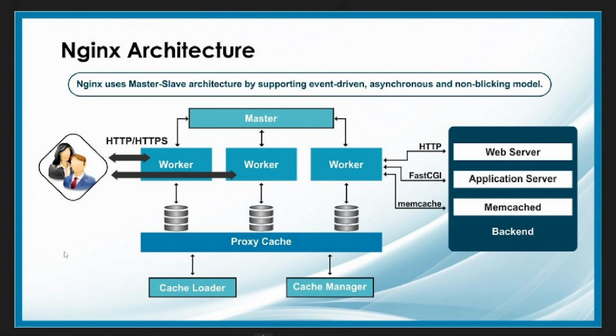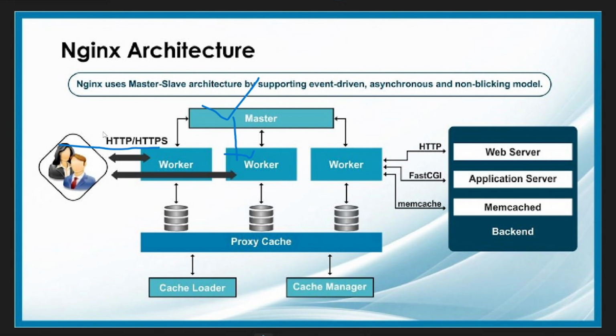Here in this architecture diagram, if we try to understand the workflow and core principle, how the components work with each other, whenever you receive any request from a client, first of all it will have a master process. In the master-worker model, it will create more than one worker process. Okay, this master process has three worker processes.